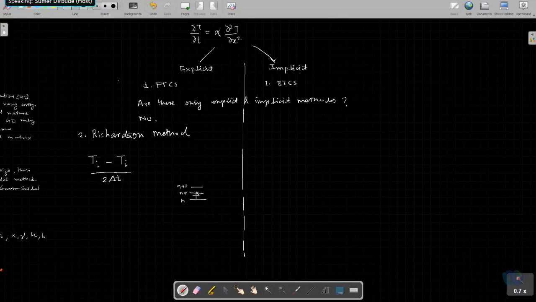If this is the central value n, then n plus 1 and n minus 1 come into the picture. So the time derivative is taken like this: n plus 1 and n minus 1.